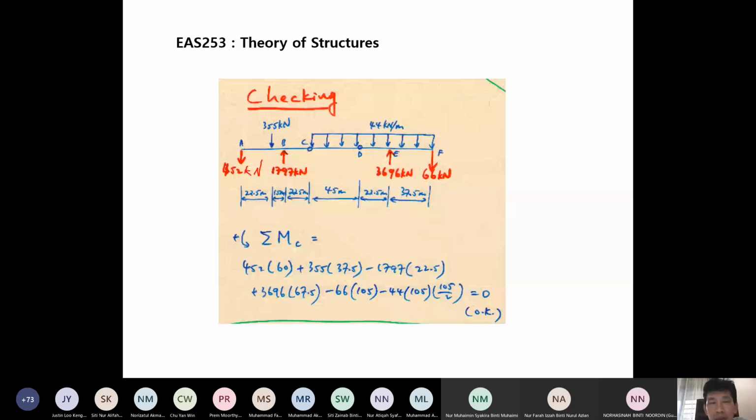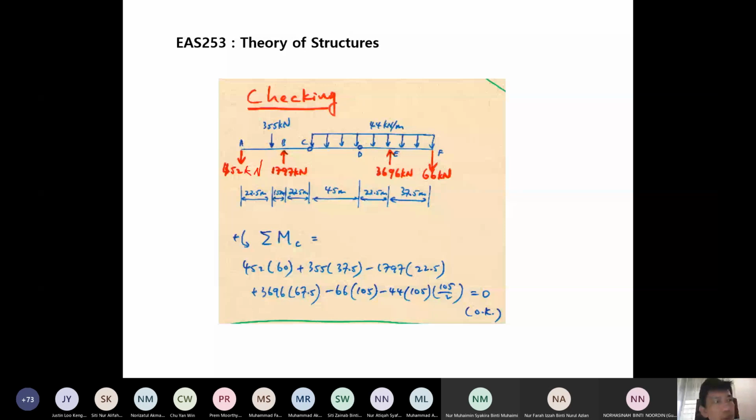And when there are hinges, surely you need to make use of the conditions of the existence of the hinge in the solution process. So that is the things that I have covered today.